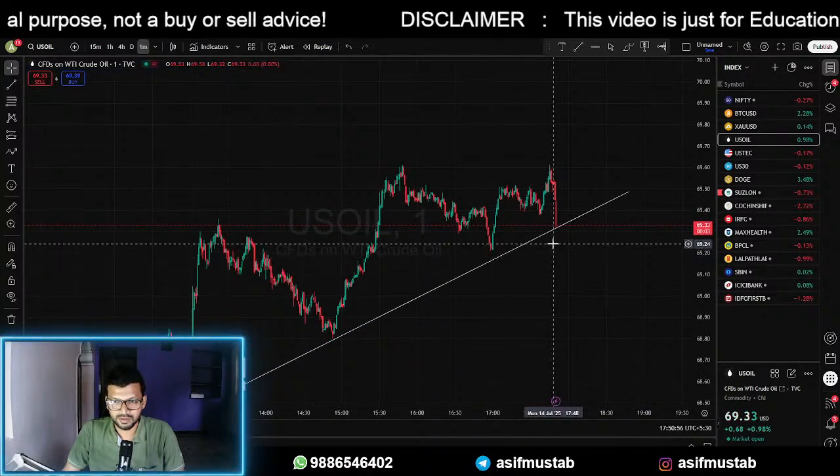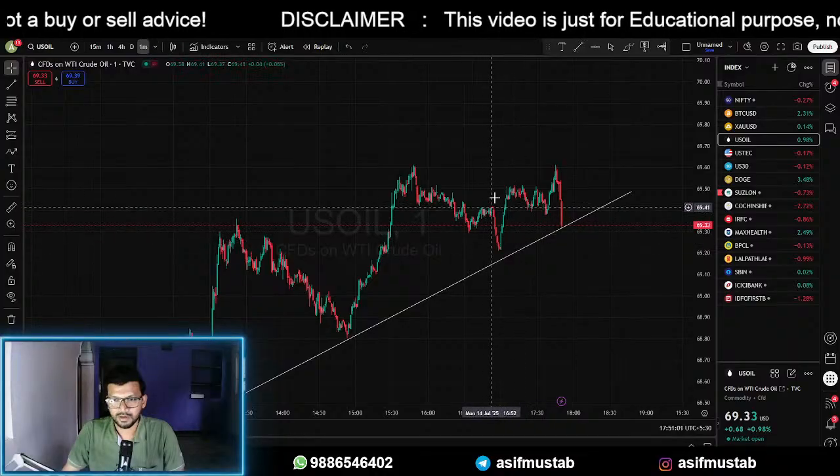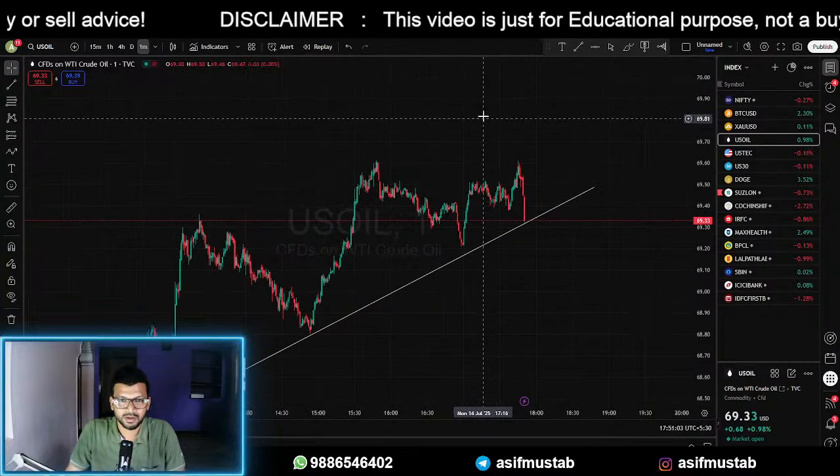If we see any bullish candle, we can enter here. Let the market make a bullish candle.